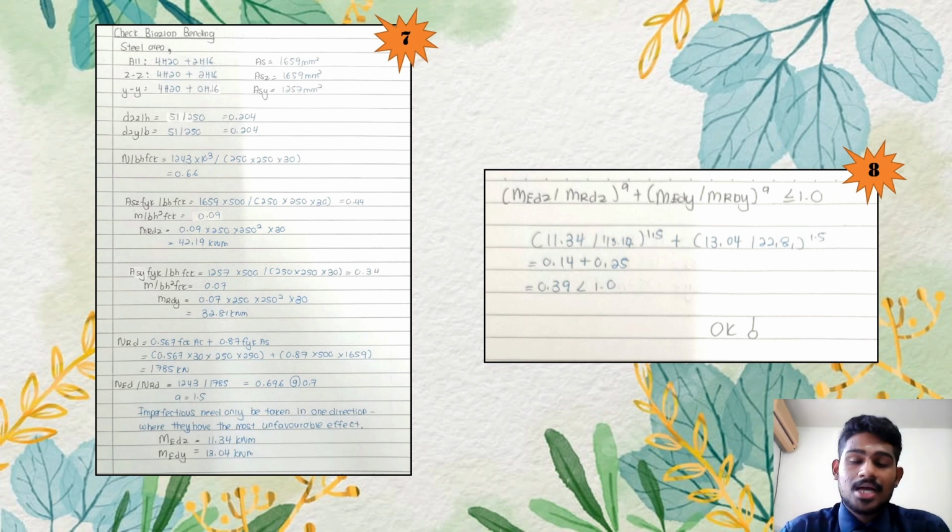So this is the last step of the question, which is to insert all the values that you got from the previous steps: open bracket MEDZ per MRDZ close bracket power of A plus MEDY divided by MRDY close bracket power of A. The answer must be less than 1.0. So the answer that we get is 0.39, which is less than 1.0, so it is considered okay.